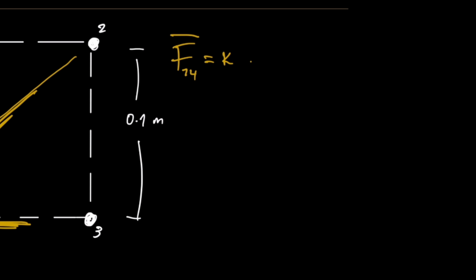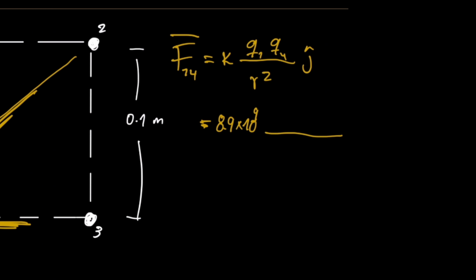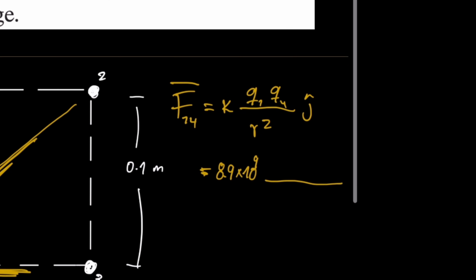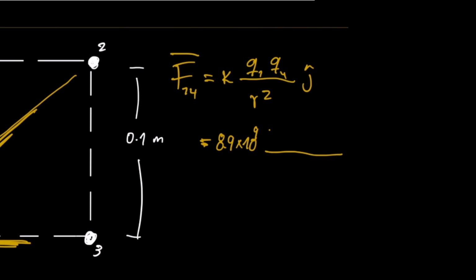That says K times the charge Q1 times the charge Q4 over the distance squared, and that's going to be vertical. The Coulomb constant is 8.9 times 10 to the 9, and the charges have the same value, which is 6.15 millicoulombs.